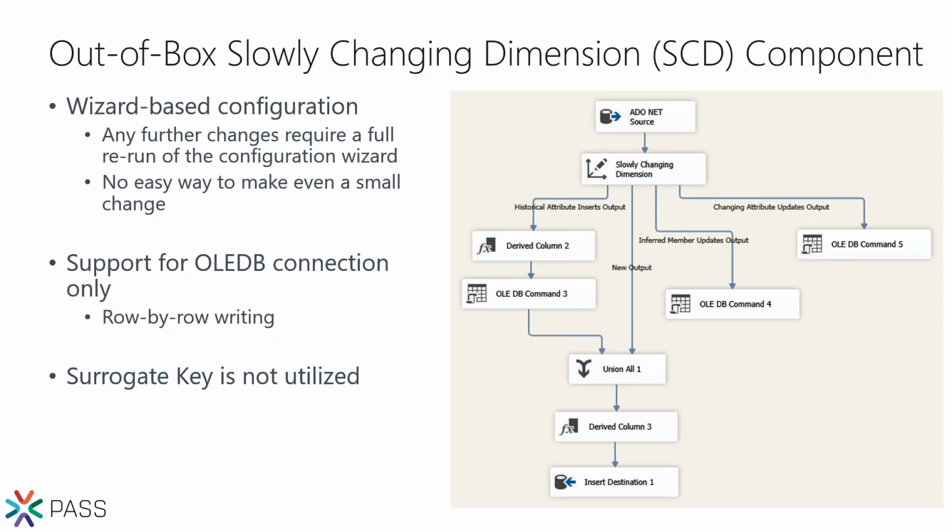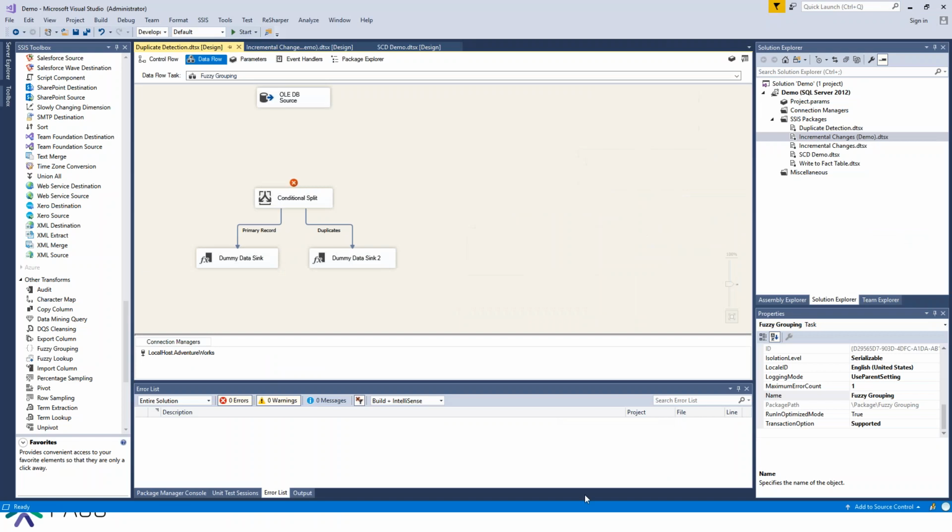It's also row-by-row writing, which gives you not-so-great performance when you deal with a large quantity of data. But generally speaking, a dimension table is not big, so it may not be a big issue. It also doesn't use the surrogate key. That's one of the limitations. Let me pull up my environment so I can show you what it looks like.